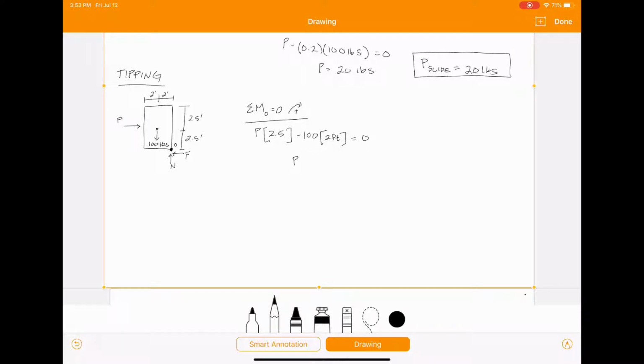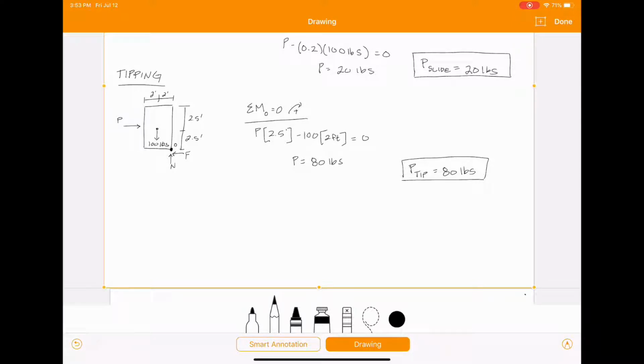And you can solve for P, and I calculate 80 pounds. So P tip equals 80 pounds. So what this means is that in order to get this box to tip, it's going to take 80 pounds.